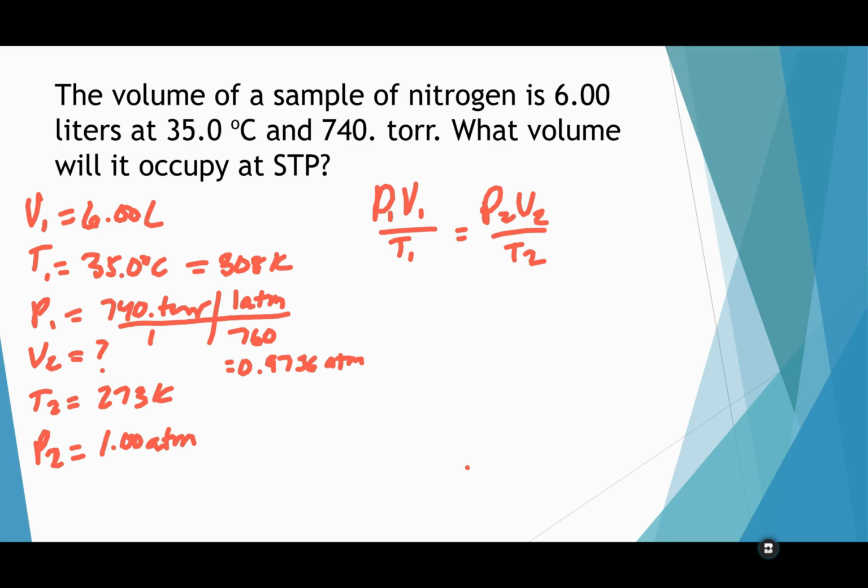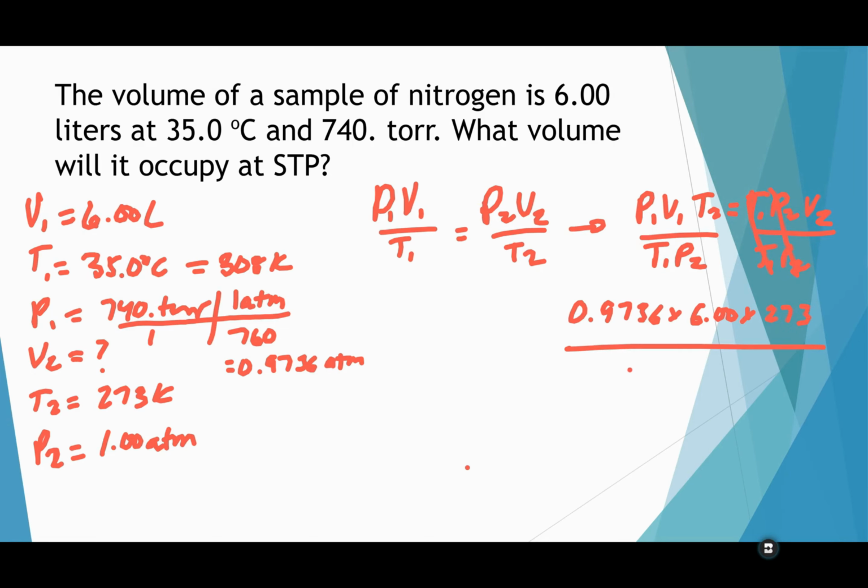So I want to solve for V2. P1 V1 T2 equals T1 P2 V2. Solve for V2. 0.9736 times 6.00 times 273 divided by 308 times 1.00.